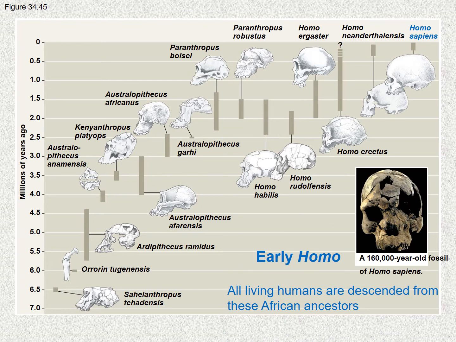Now, here's an example of an early Homo sapiens skull. This is thought to be about a 160,000-year-old fossil. All living humans are thought to have descended from African ancestors. So this was found in Africa, and it's thought that Homo sapiens originated in Africa.